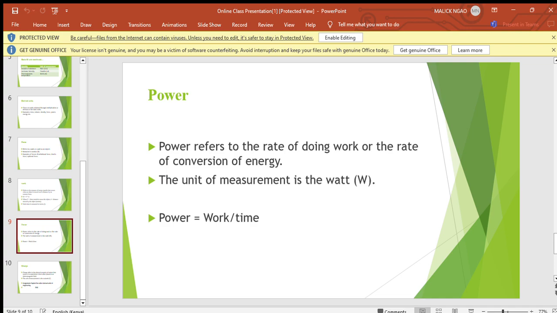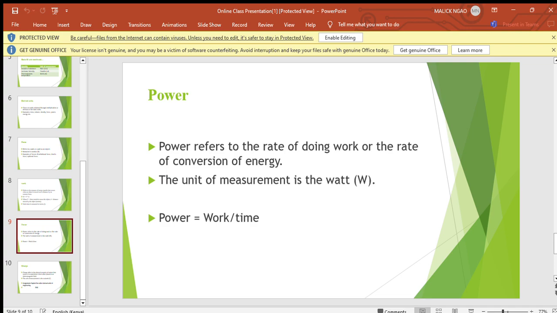So for this derived unit, we have time, the rate, and the time is the basic SI unit. And from work, work was derived from the basic unit distance and the derived unit force. So the unit of measuring power is the watt, in brackets capital W.